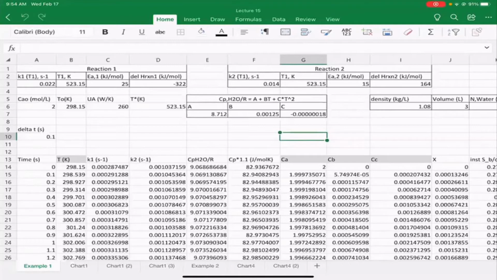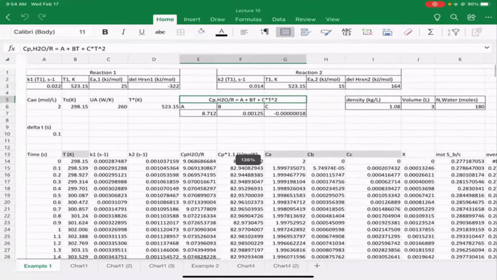I also have our initial temperature we're given, the initial concentration, our heat transfer coefficient times the area, the jacket temperature, the information to calculate the heat capacity as a function of temperature, right? Just the coefficients. And then I have the other constants that were given.